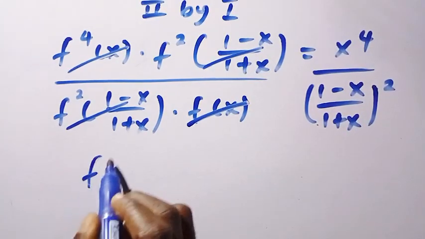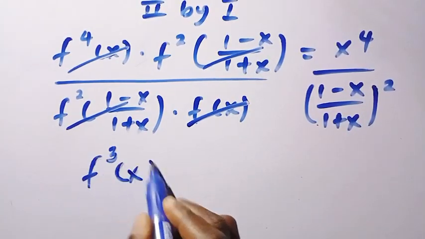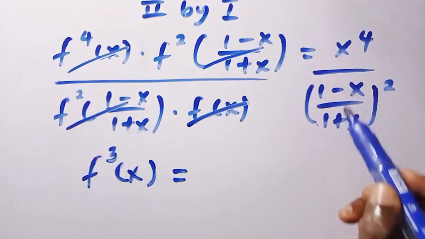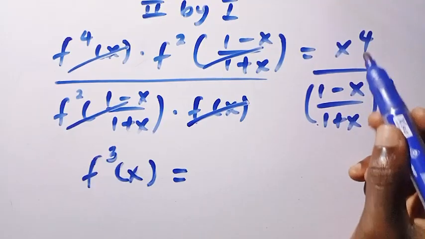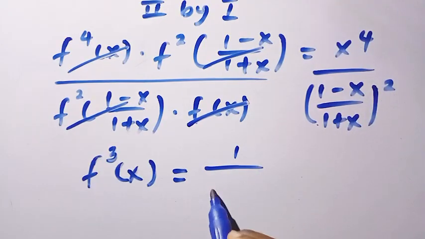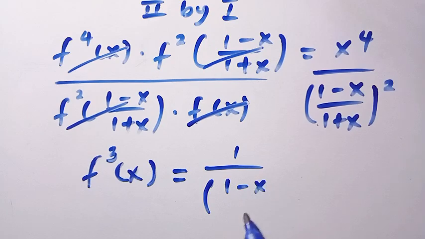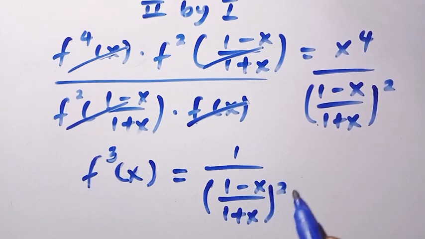Therefore, we are going to have f raised to power of 3 of x equals 1 divided by ((1 minus x) divided by (1 plus x)) raised to power 2, then multiplied by x raised to power of 4.